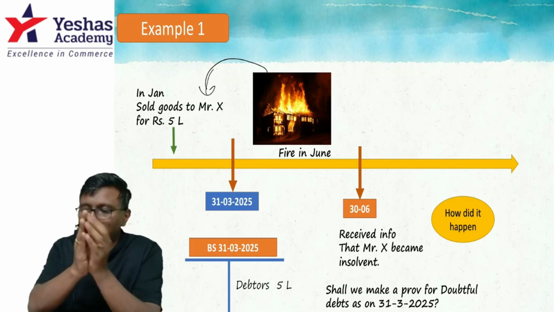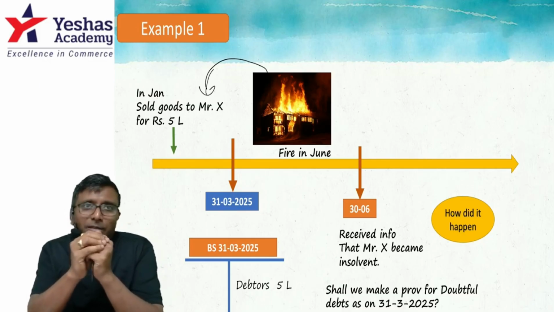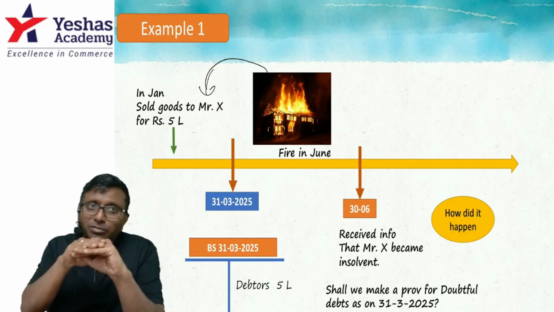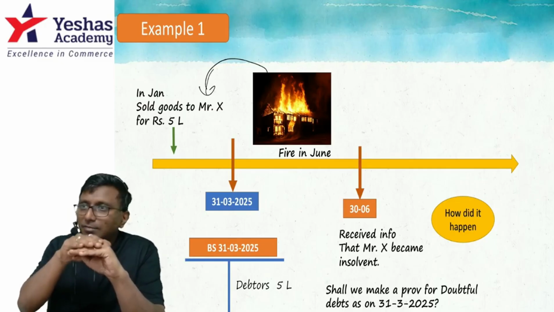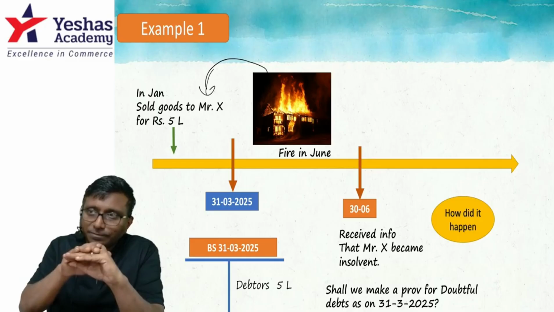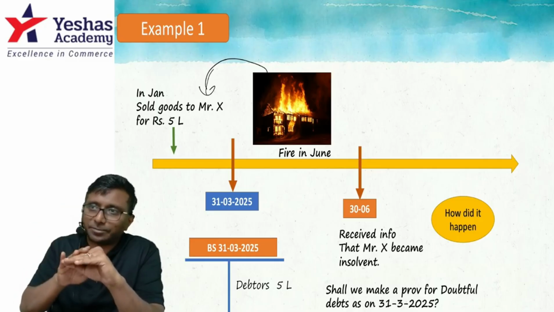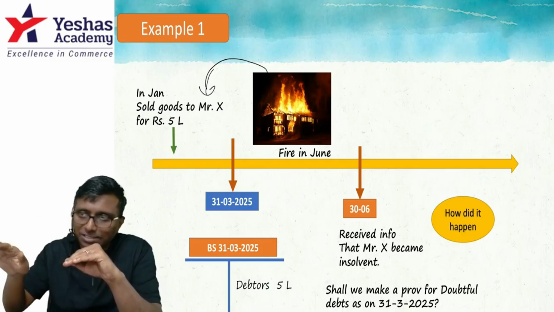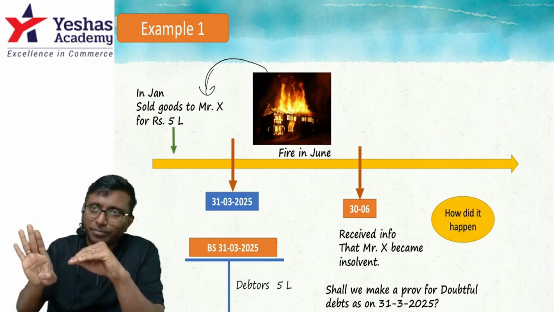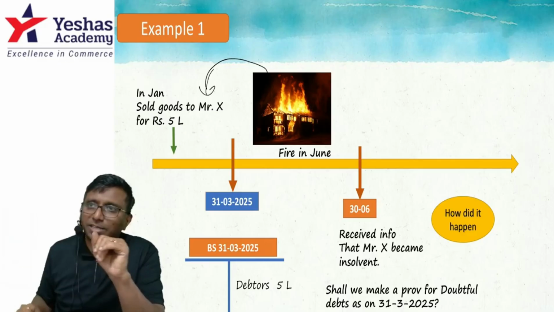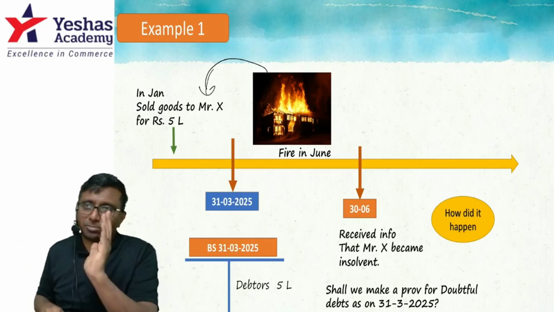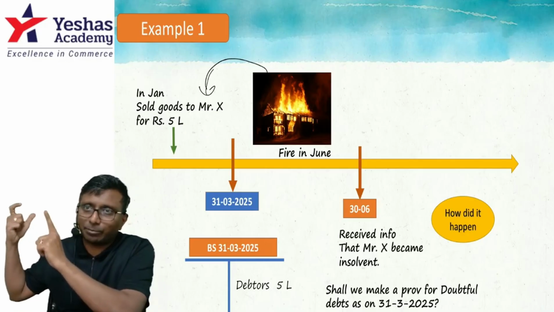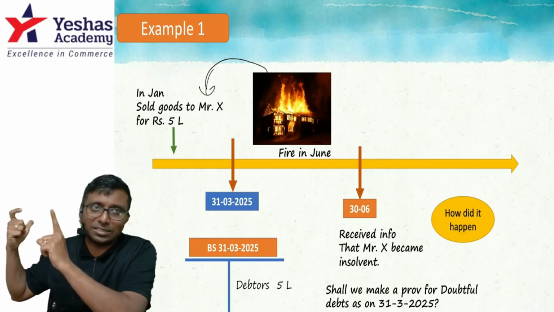First thing, listen carefully. Balance sheet should talk about conditions as of the balance sheet date. Now, if a new condition comes after 31st March, that should go to next year. Agree or not? In this circumstance, as on 31st March, in the first example only I am talking. Is it clear?